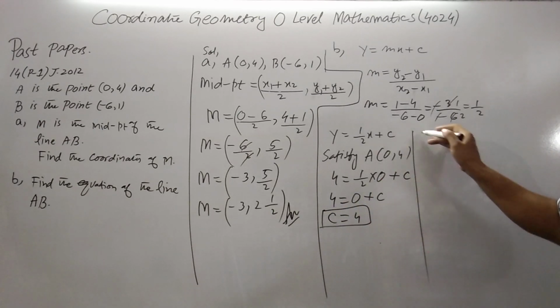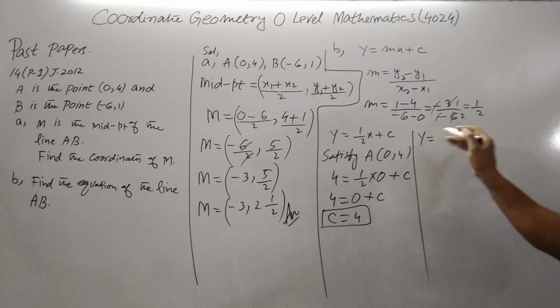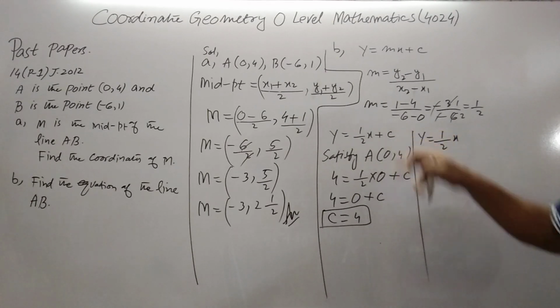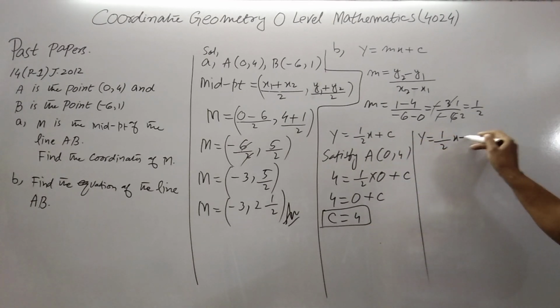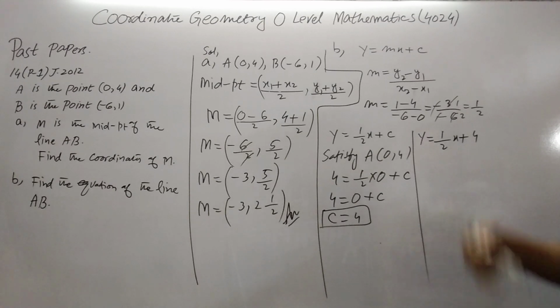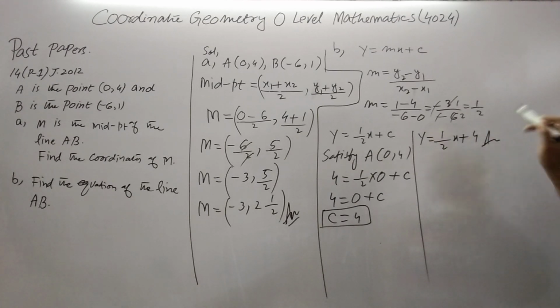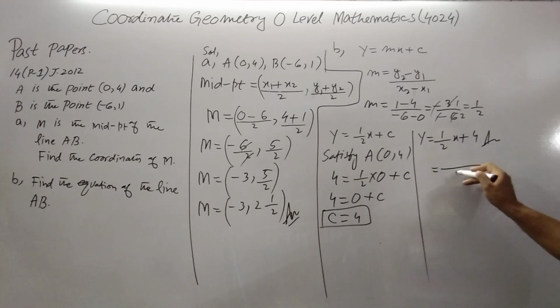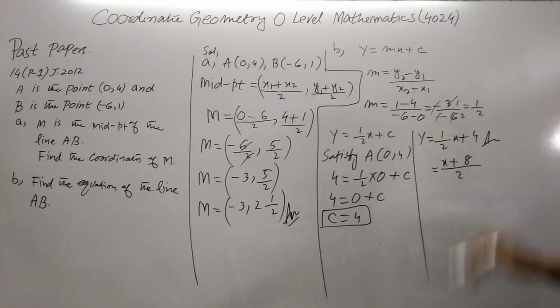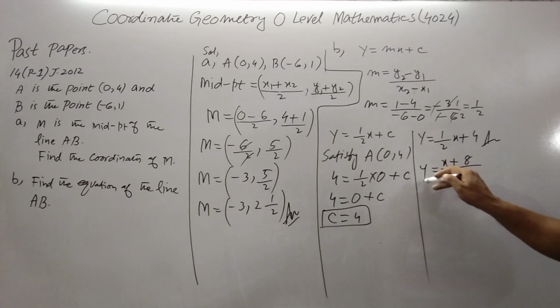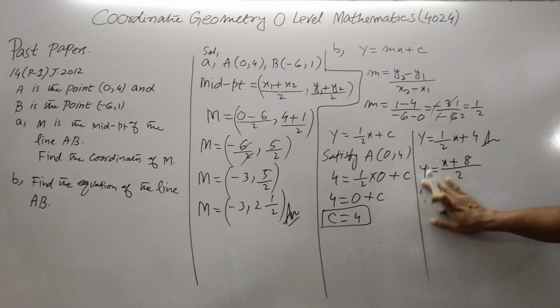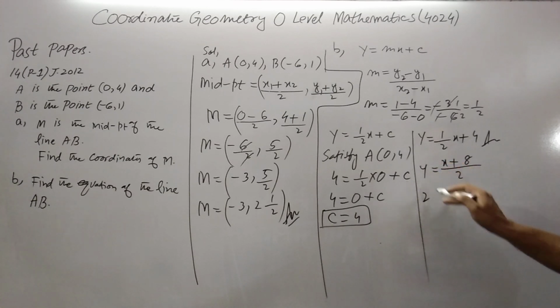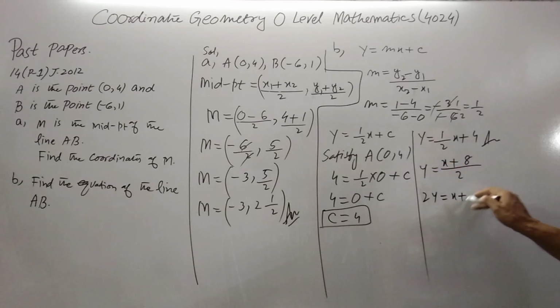Therefore, our final answer is y equals 1 over 2 x plus 4. Or you can take the LCM of 2. So this is x, this is 2y, 2 4s are 8. 2y equals x plus 8 is your final answer.